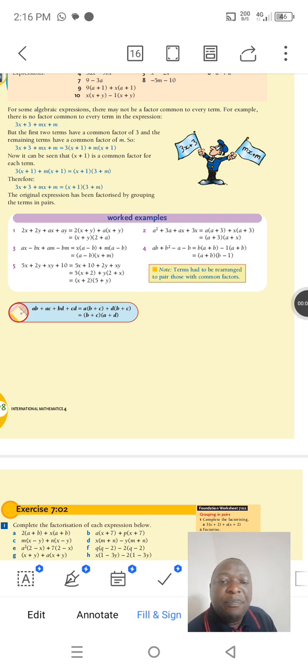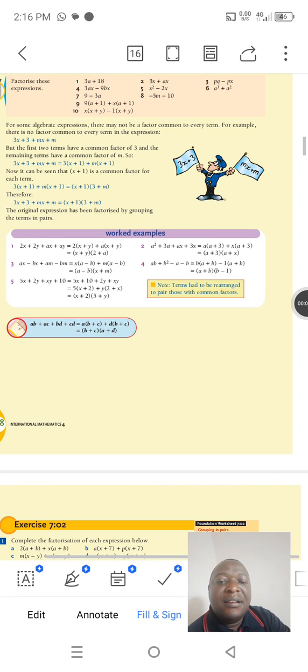If we pair the last two terms, then the common factor is 1. So for this expression, for the first pair, we factorize b, and the expression becomes b into a plus b minus 1 into a plus b.